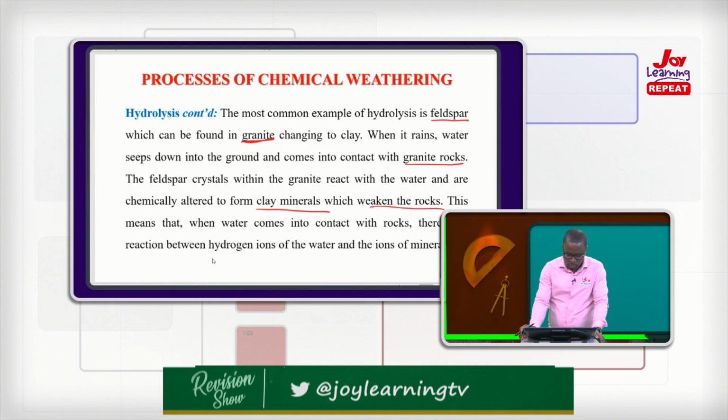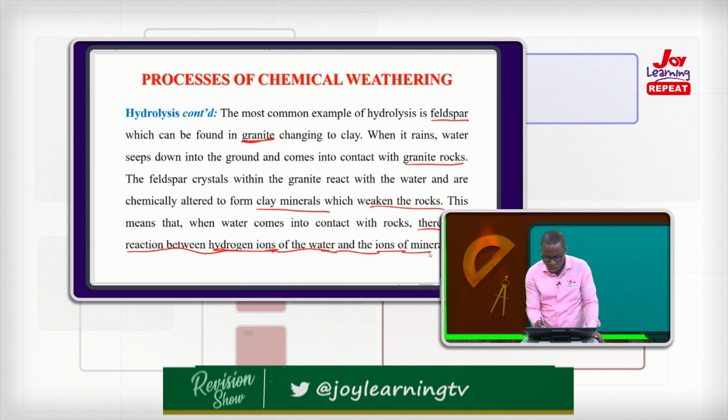All right. So when feldspar changes, it becomes a clay. And these clay minerals weaken the rocks. This means that when water comes into contact with rocks, there is a reaction between hydrogen ions of the water and the ions of minerals.